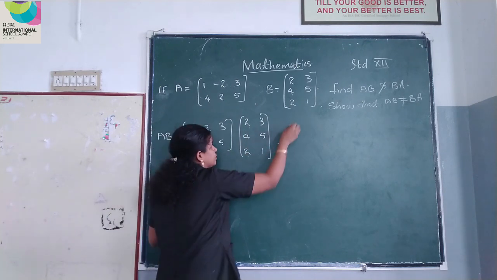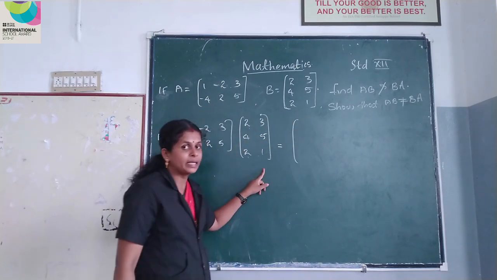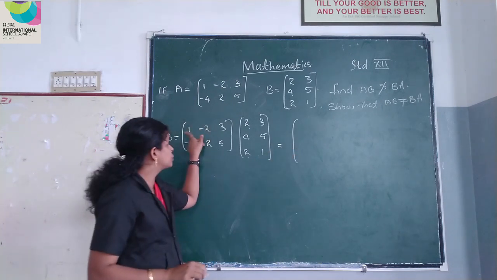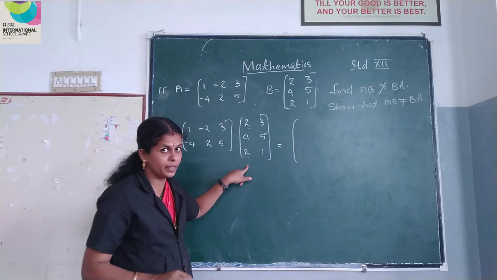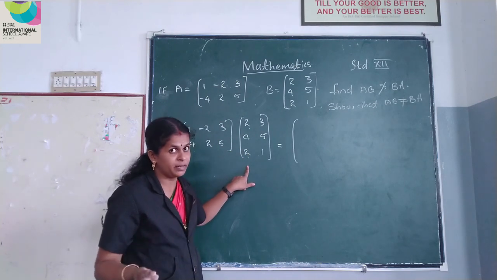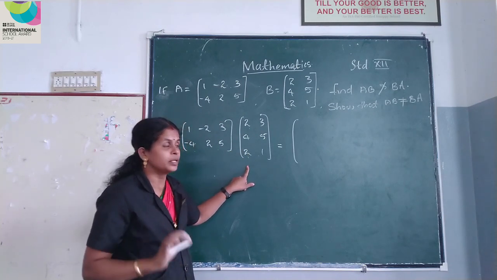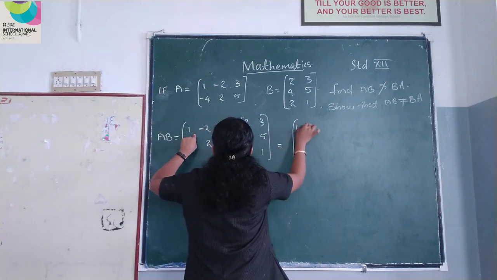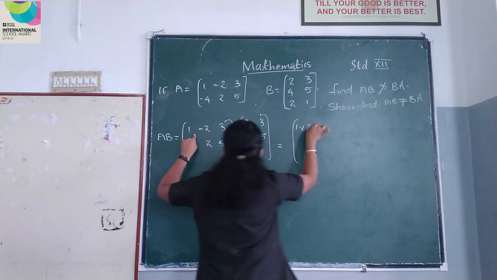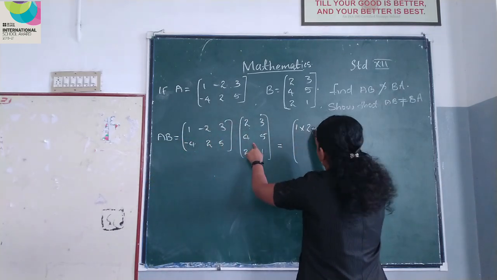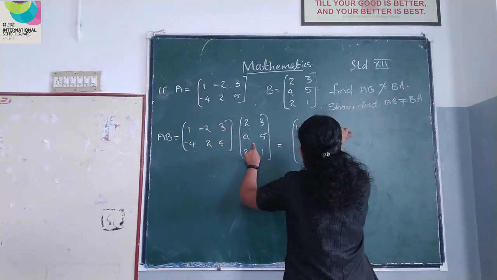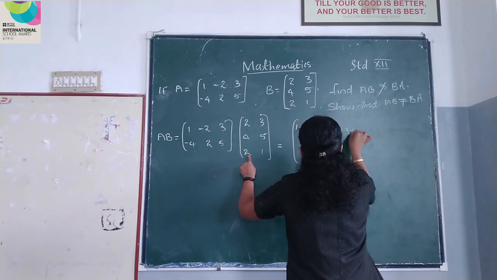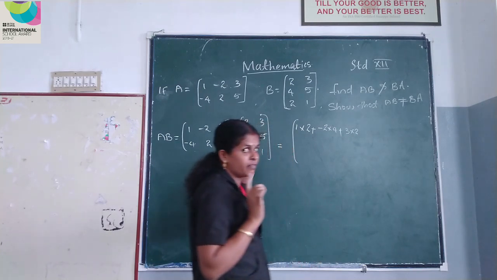For getting the elements of the product matrix, we take rows of A and columns of B, multiply them element-wise and take the sum. So, first row into first column, that means 1 into 2 plus -2 into 4 plus 3 into 2. This is the first element.